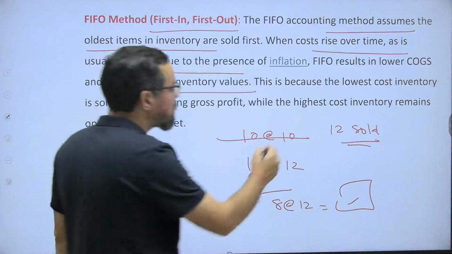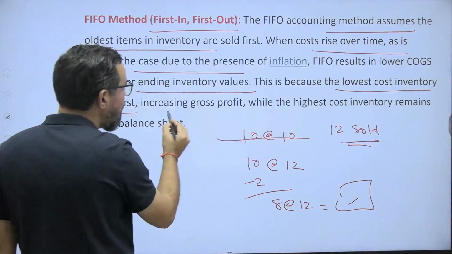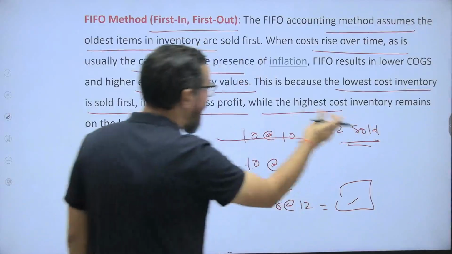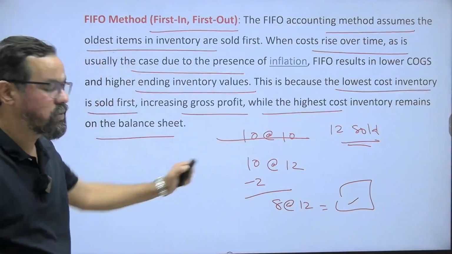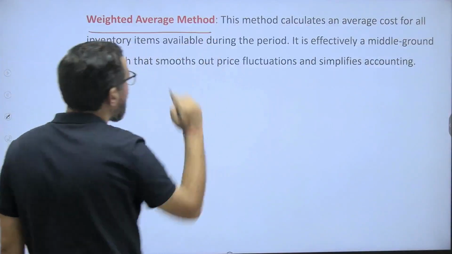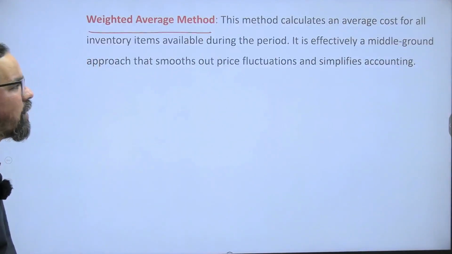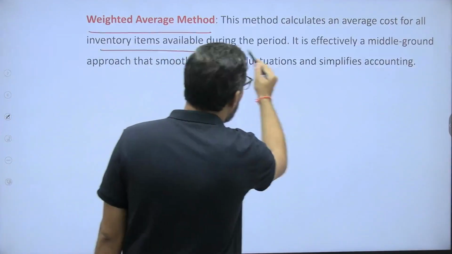This is because the lowest cost inventory is sold first, increasing gross profit, while the highest cost inventory remains on the balance sheet, which is this one. Understood? The other one is the weighted average method. This method calculates an average cost for all inventory items available during the period.